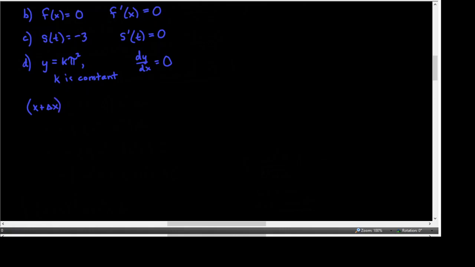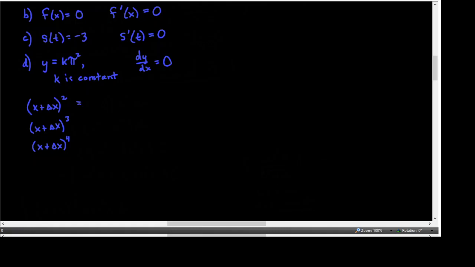You'll end up having to do squaring and cubing, etc. this binomial x plus delta x, because that will be substituted in for x, and of course if it's x squared, you'll get that first binomial squared. If it's x cubed, you'll get the second one, and so on. So a review of that is well worth our time.